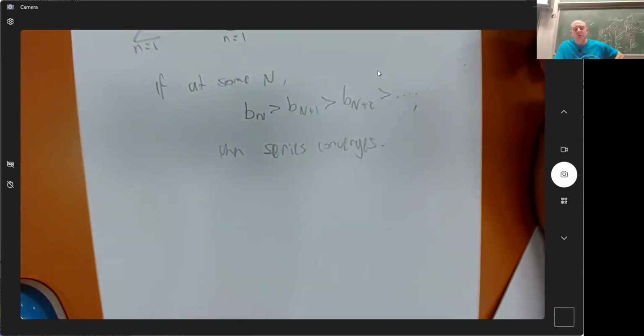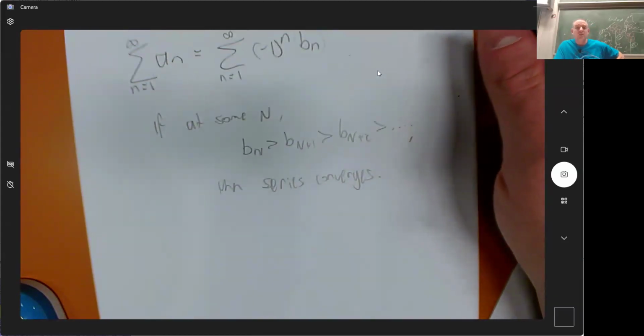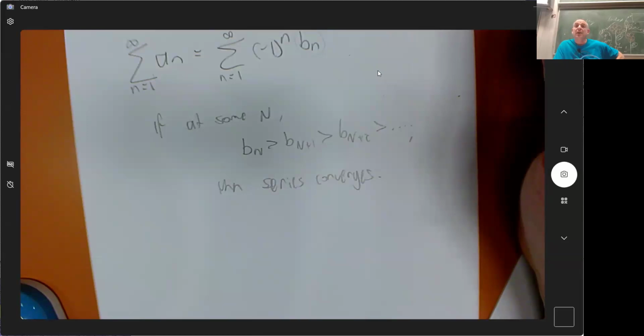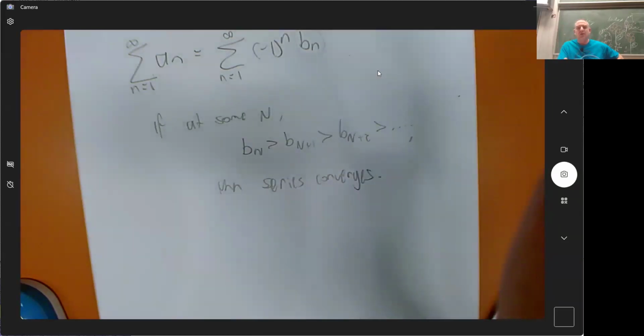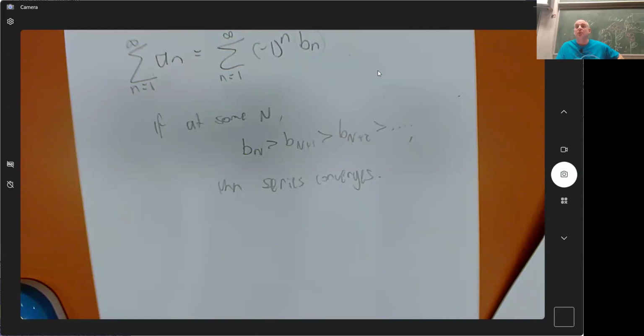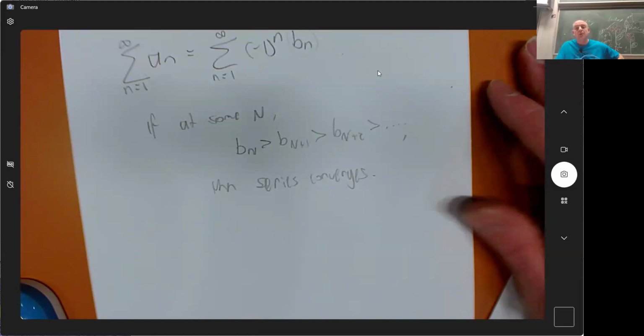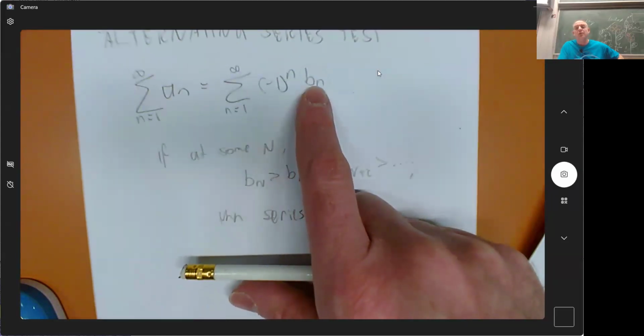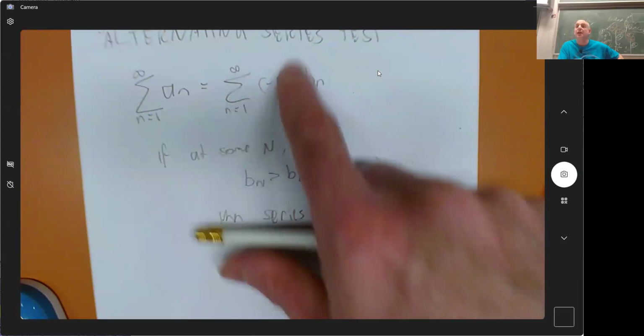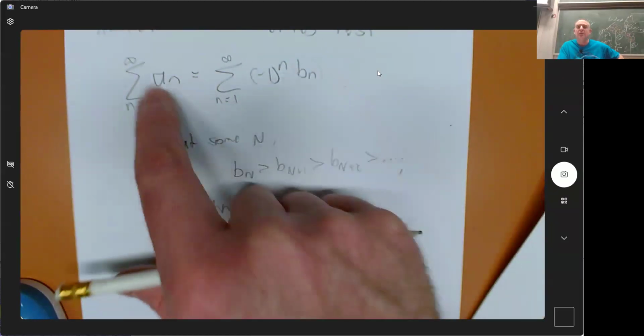So you just have to be sure that at some point, it doesn't have to be right at the beginning, but it might be later on. At some point, from that point forward, every term is smaller than the one before. I will say that this bn is supposed to be positive because all the negativeness is in this minus 1 to the n.